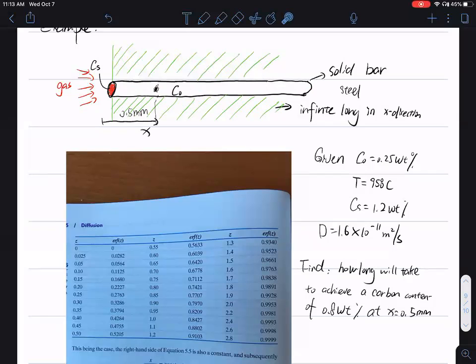Not 0.8% everywhere, it's just at that particular location. Since only one end of this bar is exposed to the high concentration carbon, imagine that carbon concentration will start from the left end and gradually move on to the right of that bar. So it's not instantaneous, it takes time.